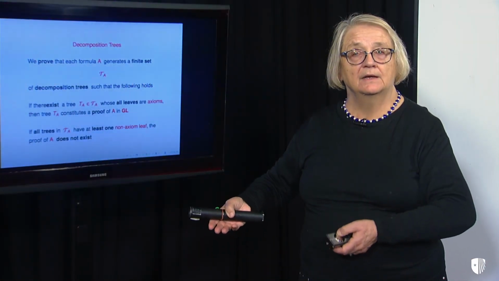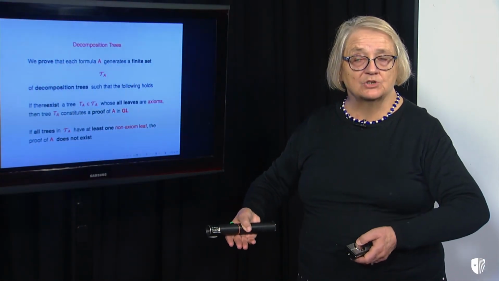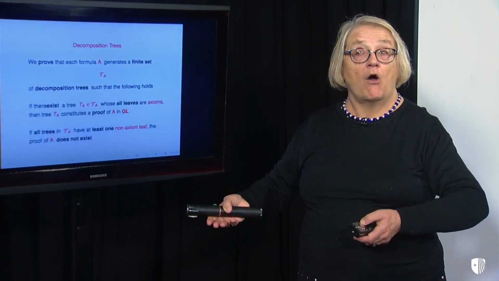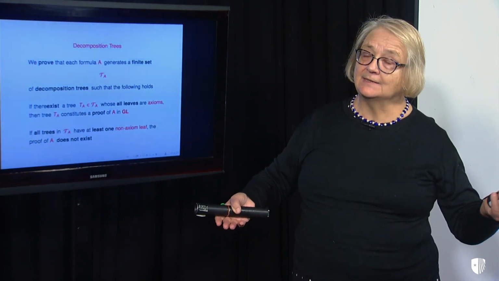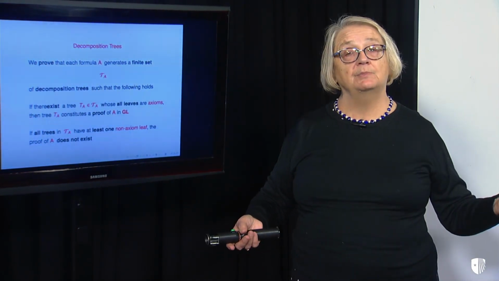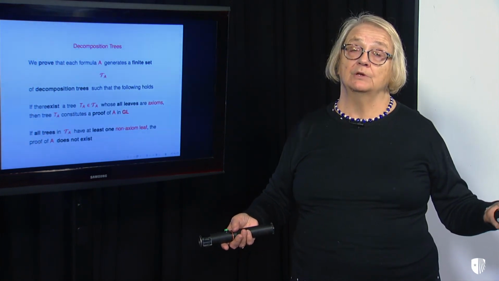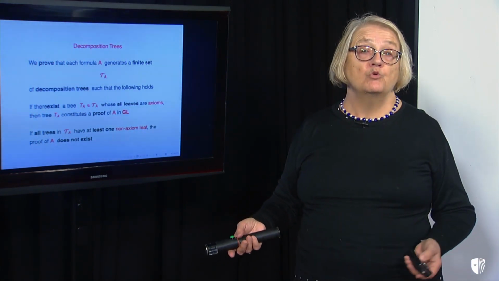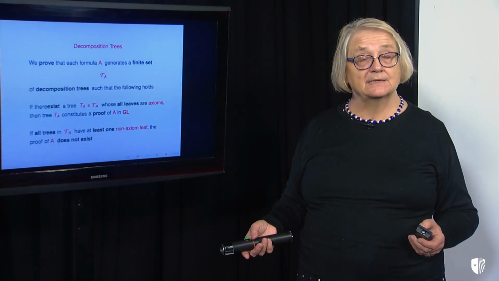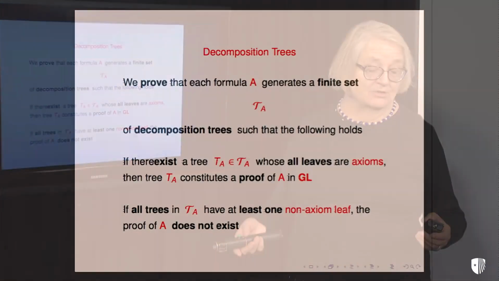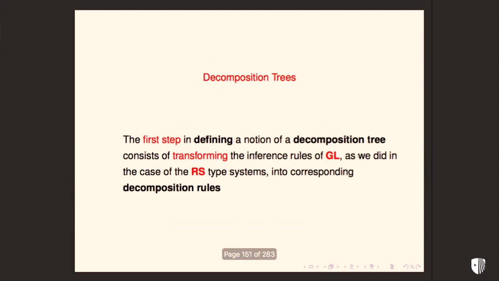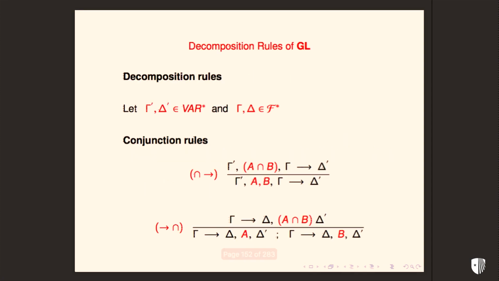So if you find a tree with all axiom leaves, you are okay. If not, you have many possibilities, so you have to run through all of them. If none of them gives you an axiom, the proof does not exist. So uniqueness gives you less work to do. And then, of course, you do the same as we did before.